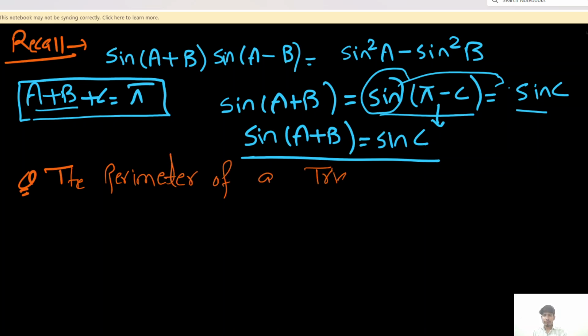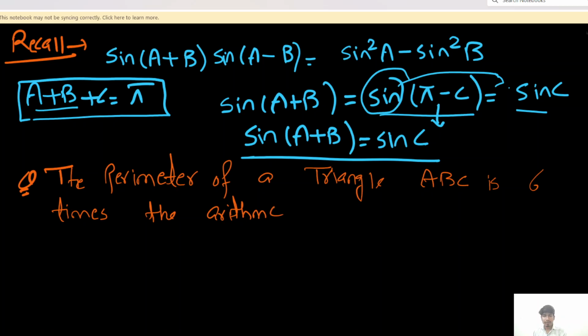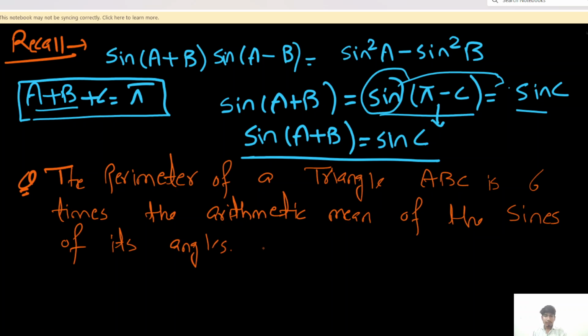The perimeter of a triangle ABC is 6 times the arithmetic mean of the sines of its angles. If the side a is 1, then find the angle A.